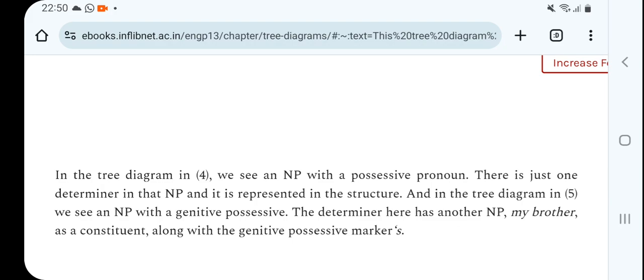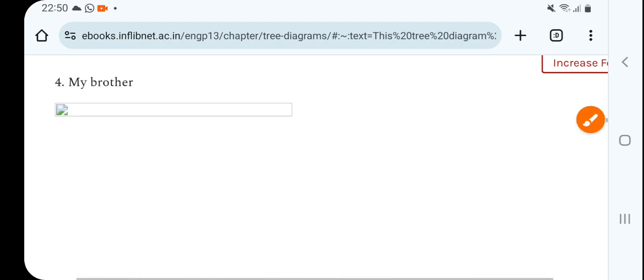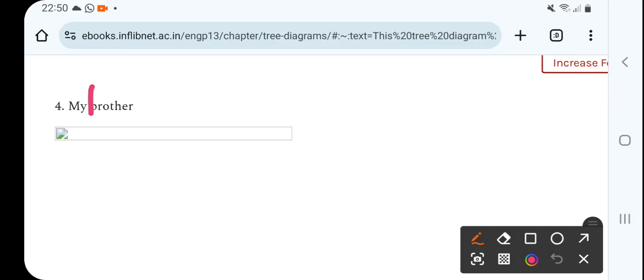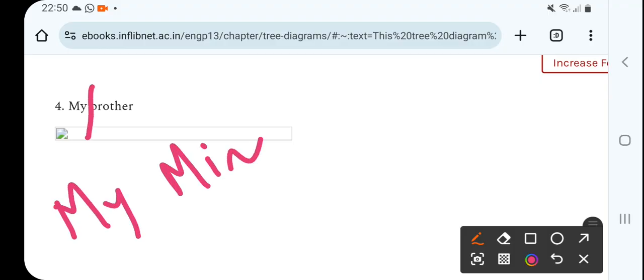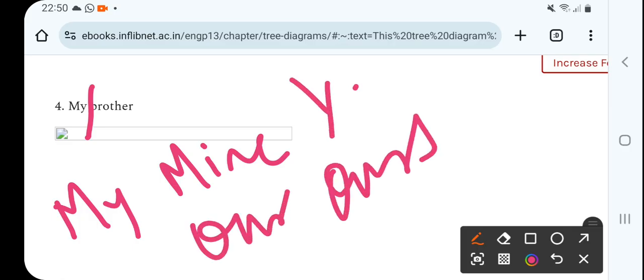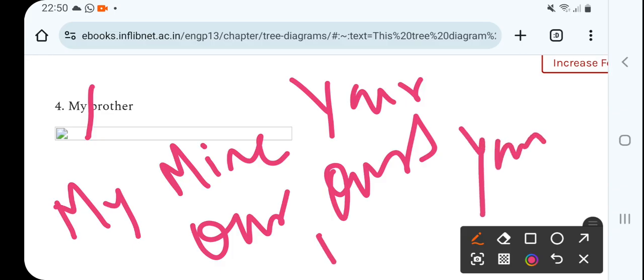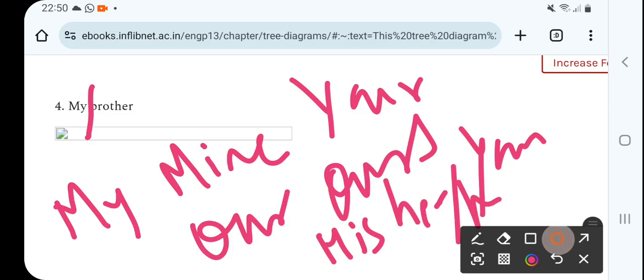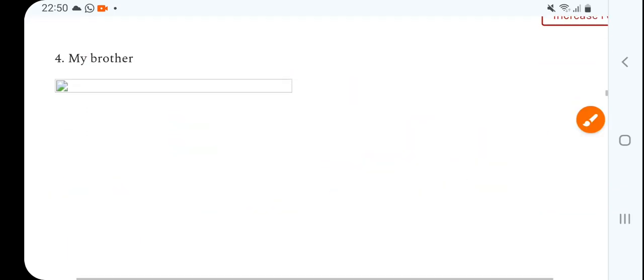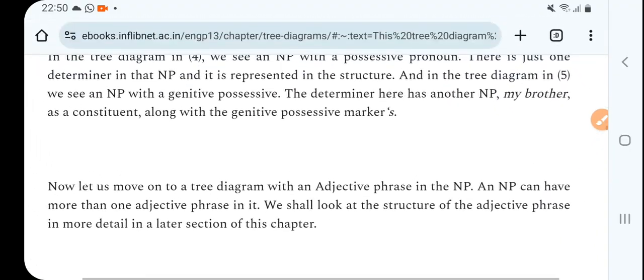The possessive pronouns are my, mine, our, ours, your, yours, his, her, hers. So here in "my brother", "my" is a possessive pronoun.